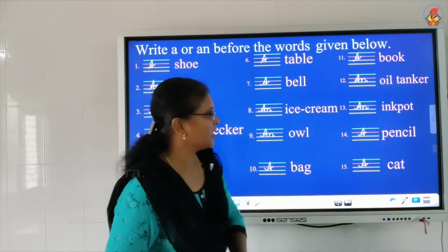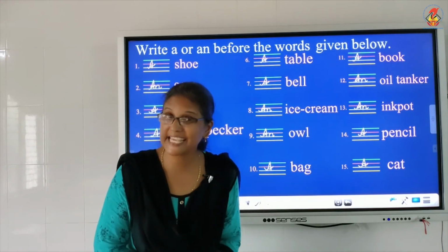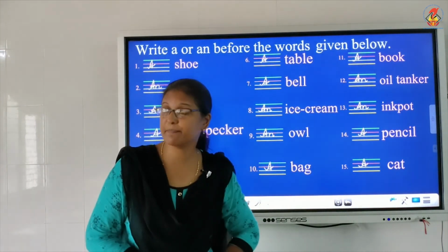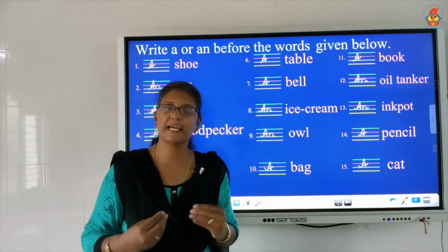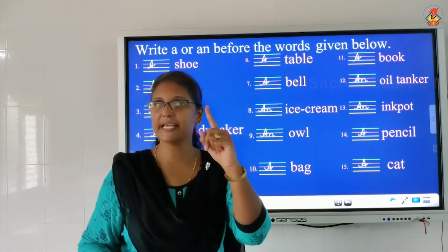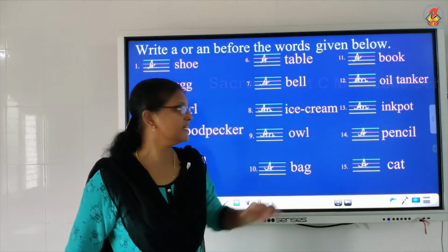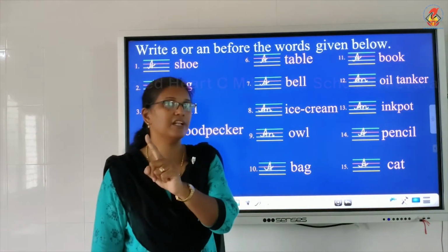My little children, all these words we have are singular. Singular means one. You learnt in pre-KG and KG, right? During KG time you learned that one is called singular, more than one is plural, right? All the words on this board are singular.